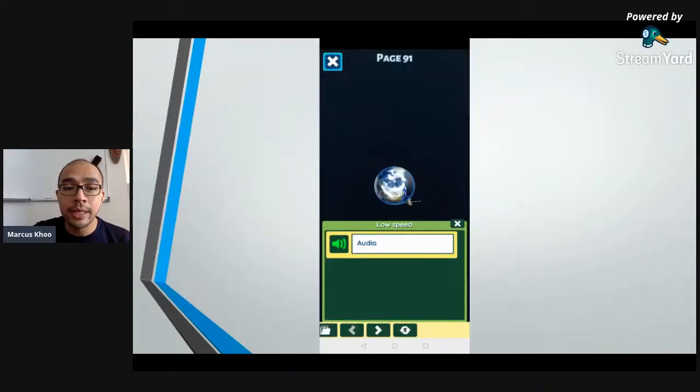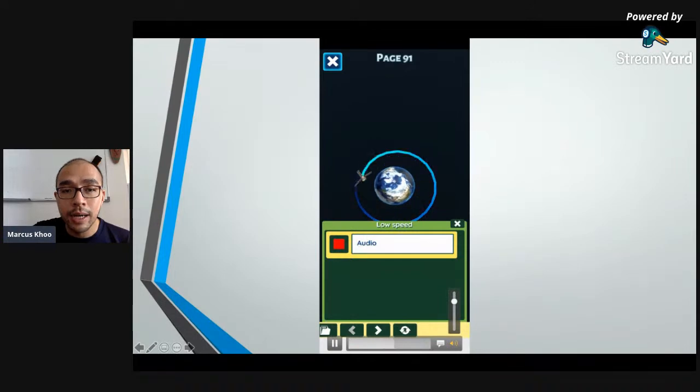Okay, but this is another AR that is actually available in your textbook. We find that if you launch it at a low speed from a high position, it will fall back to the earth.